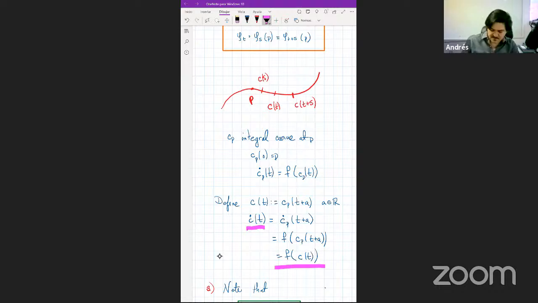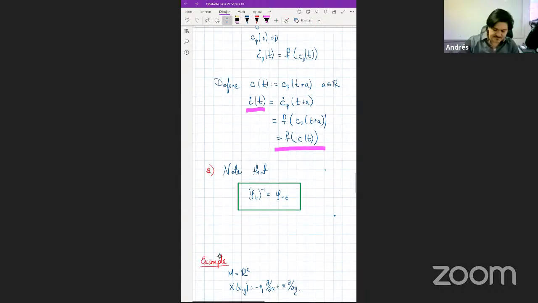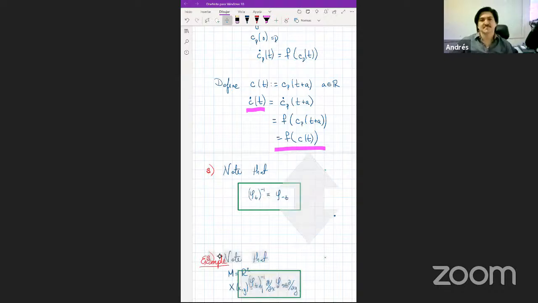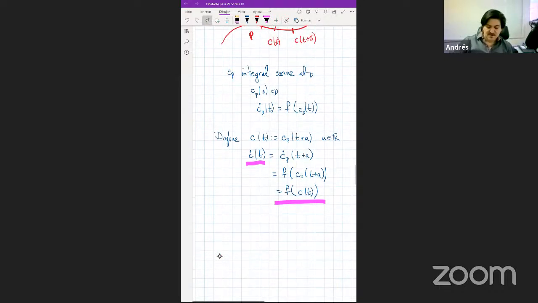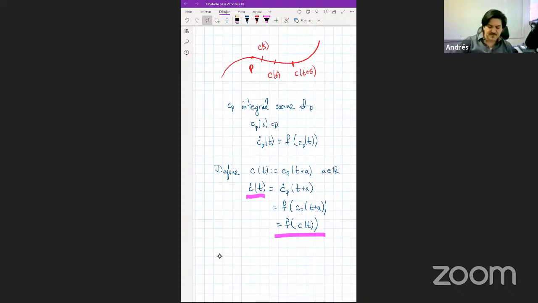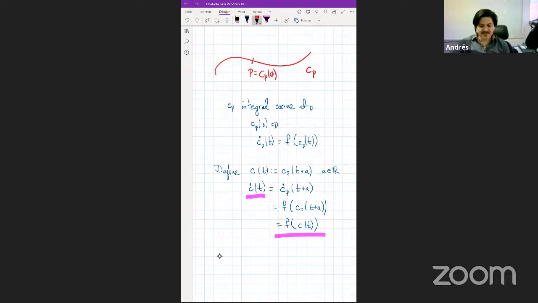So, this is the image of C of P. Here is P. What is the image of this curve?